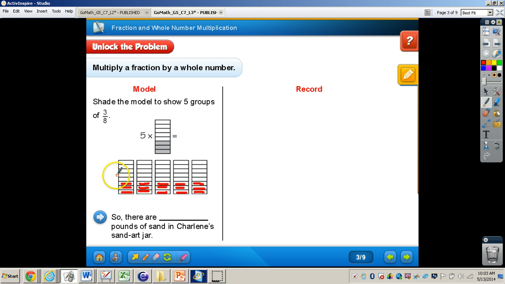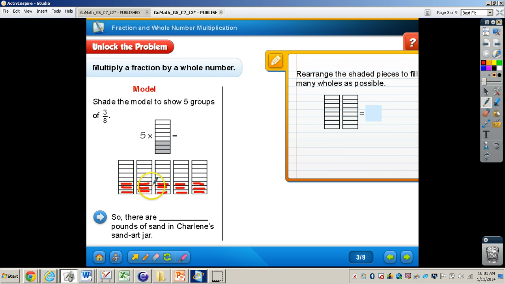Okay, so now what we can see is that we have 15 sections shaded in. And what we can do is rearrange the shaded pieces to fill as many holes as possible. So we can just shade in 15 here. There's 3, 4, 5, 6, 7, 8, 9, 10, 11, 12, 13, 14, 15.